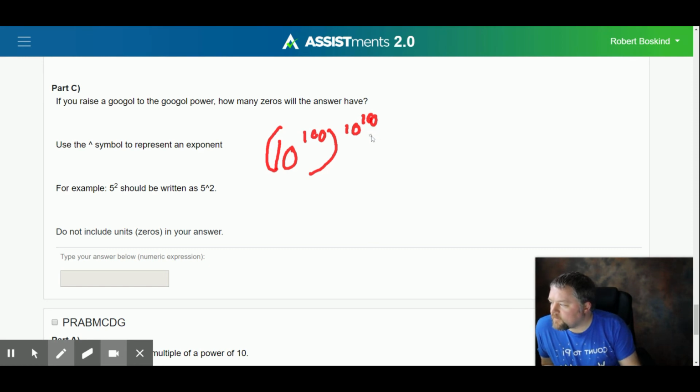So now, this number, which is a 1 with 100 zeros after it, now we have to multiply the exponents. What's that going to do for us?